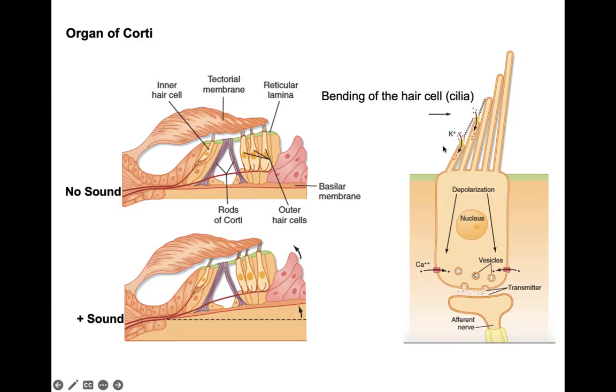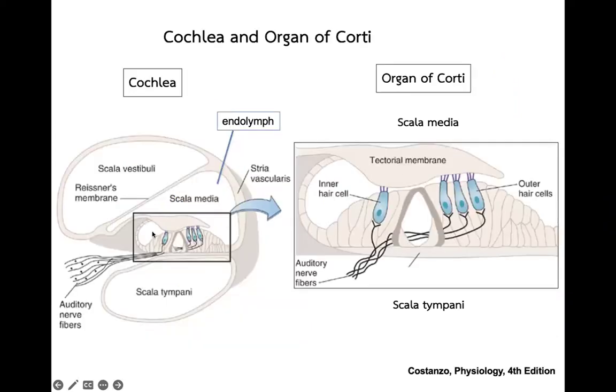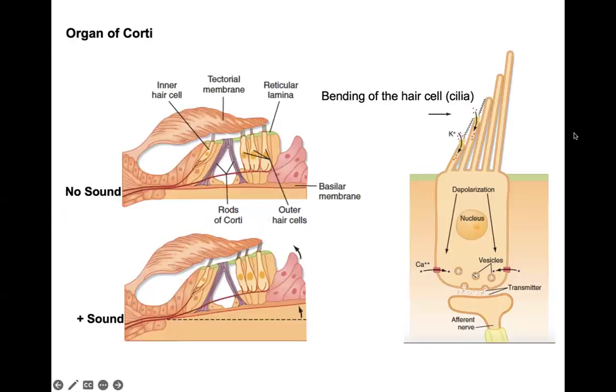Because outside of these hair cells, within the endolymph, the fluid that fills the cochlea, you have very high concentrations of potassium, okay? That's why in this case, when the potassium channel opens, potassium will flow into the cell, okay? And it's the potassium that causes the depolarization of the hair cell. Okay, so this is the unique exception.